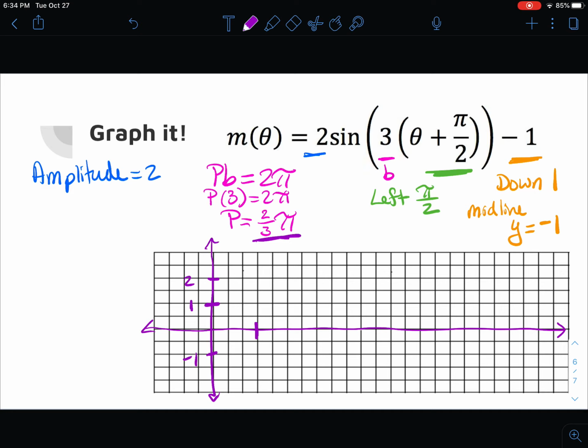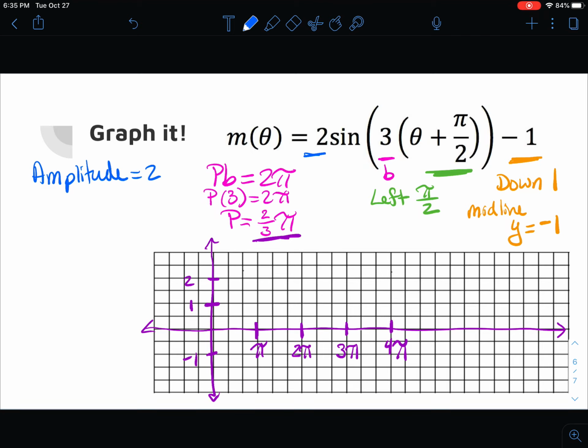Now I'm wondering, do I want to do this? I do. I'm going to keep going with these 3. Okay, this is going to be bonus messy because we're dealing with halves and thirds at the same time. So get excited. All right, we can do this. So let's see. Amplitude is 2. Midline. All right, so let's get in here what we need.